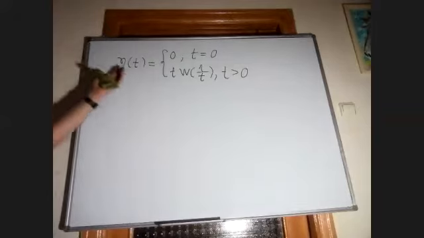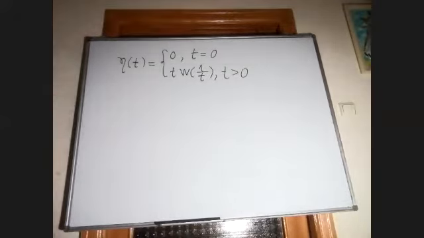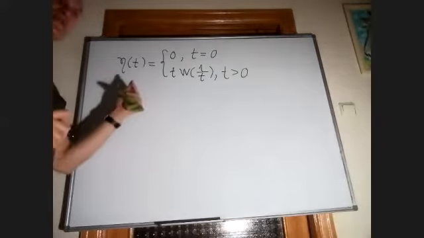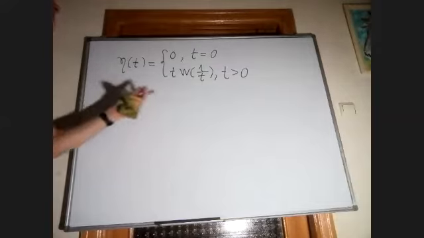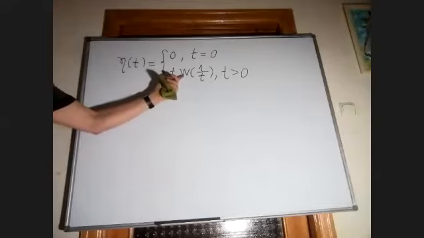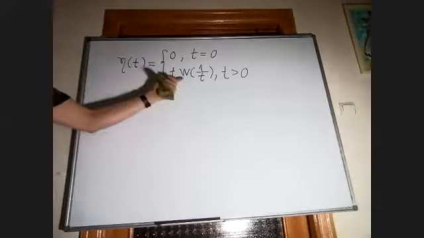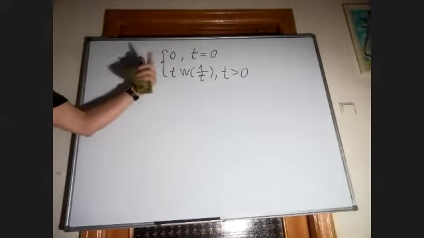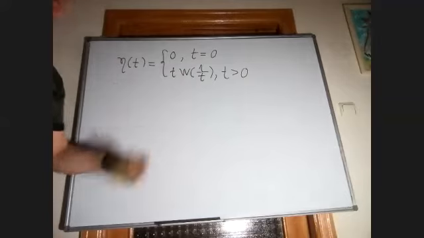So I took a new process, and let us check its characteristics. We already understand that it is a Gaussian process. Why? Because W is Gaussian, so the values of eta and W are jointly Gaussian random variables.